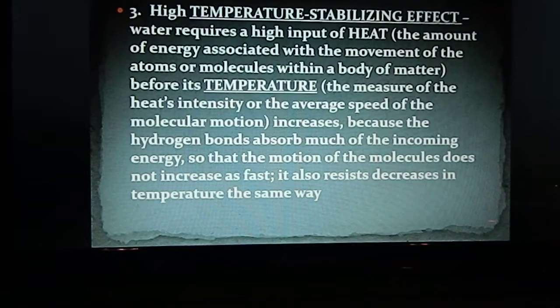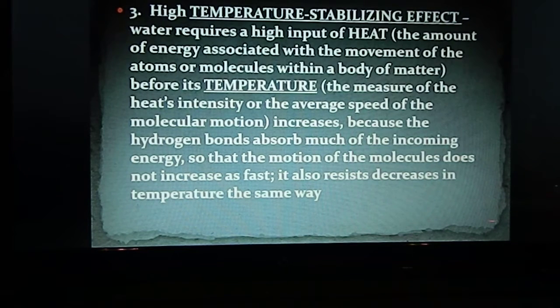So this high temperature stabilizing effect is important for our bodies, because when we have an infection, the white blood cells are going to attack the infection, and our heat is generated by this immune system reaction.